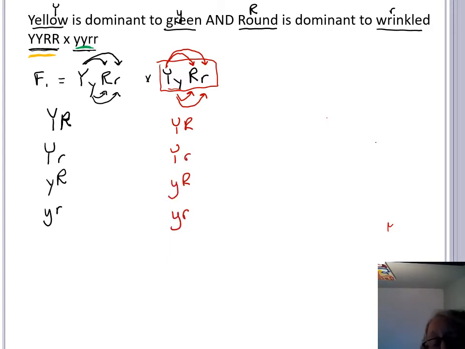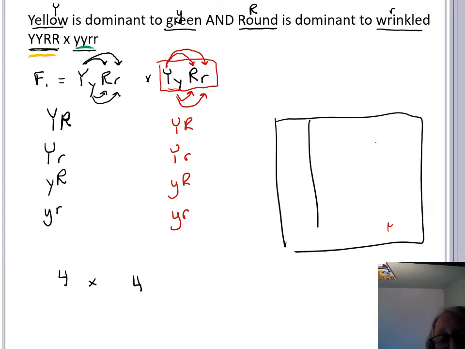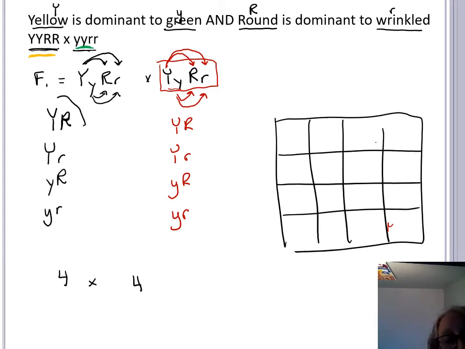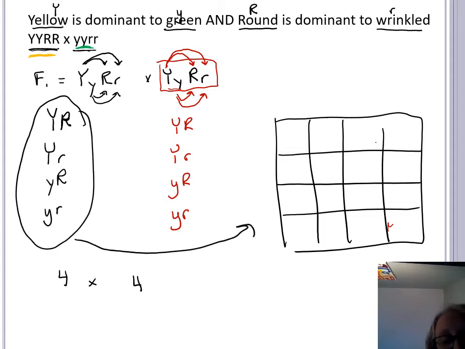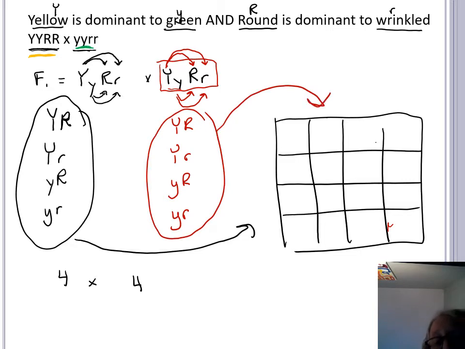If we were doing the Punnett square for this particular cross, what we would now see is that we would need to use a 4x4 grid to describe what is happening. We would need to put all of the gametes from one individual on one side and all of the gametes from the second individual on the second side. And this is what Mendel saw happening.